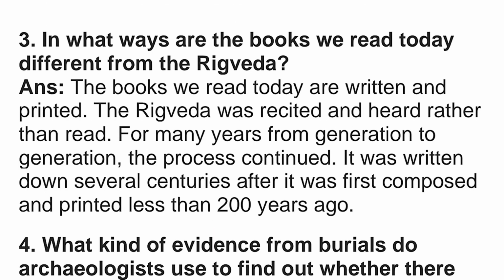Let's see the next, question number 3: in what ways are the books we read today different from the Rig Veda? Answer is the books we read today are written and printed. And the Rig Veda was recited and heard rather than read.